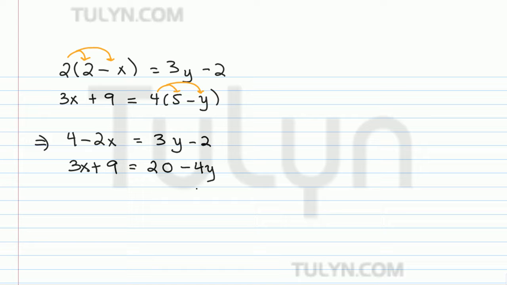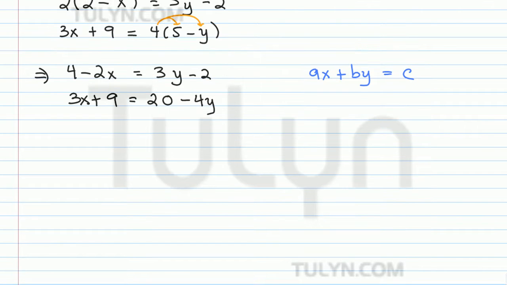So now the system looks a little bit more normal, but remember that usually we want it to be in the form ax plus by is equal to c. So using that as our goal, as our framework, let's move all the x's and the y's to one side and all the constant terms to the other.